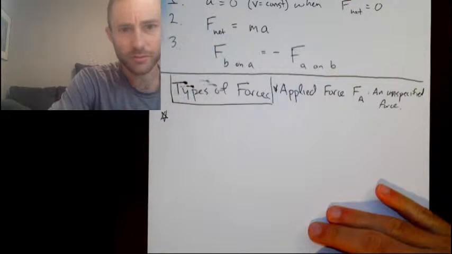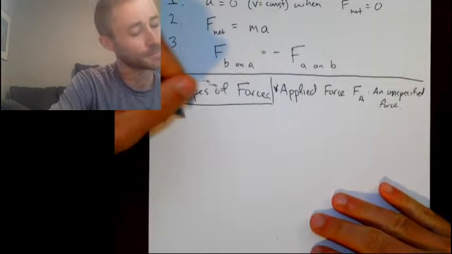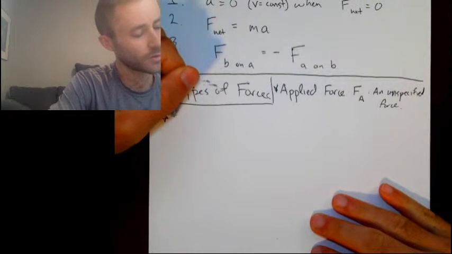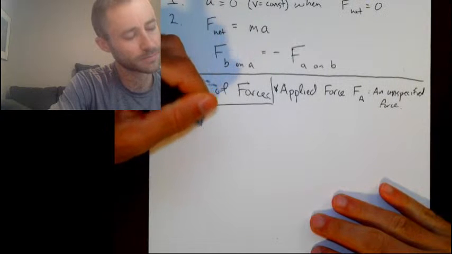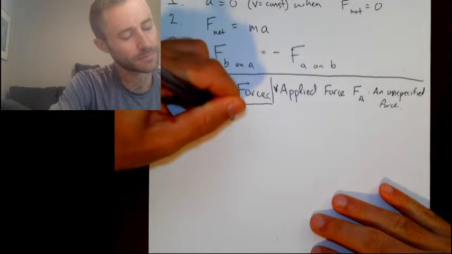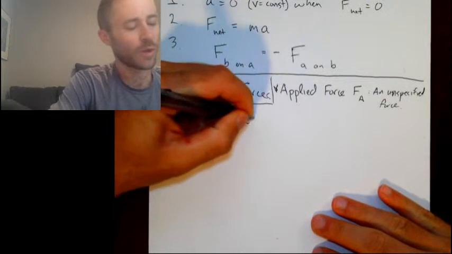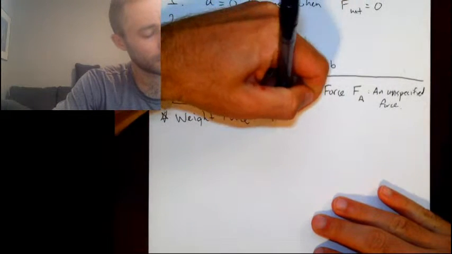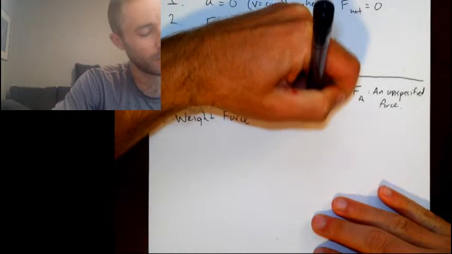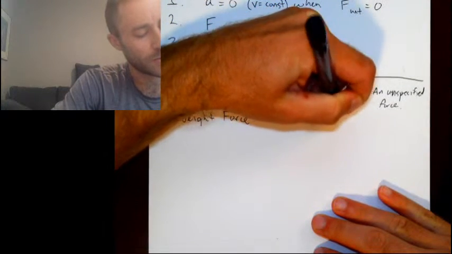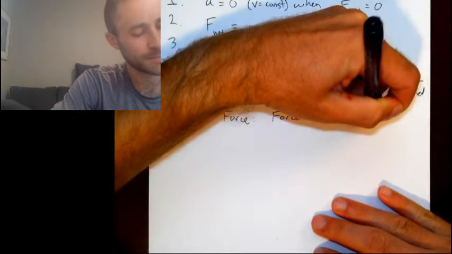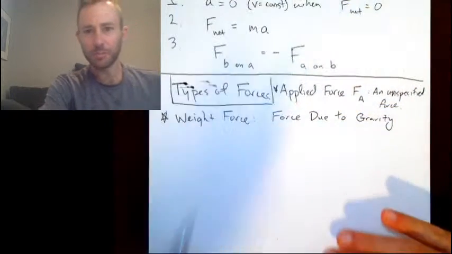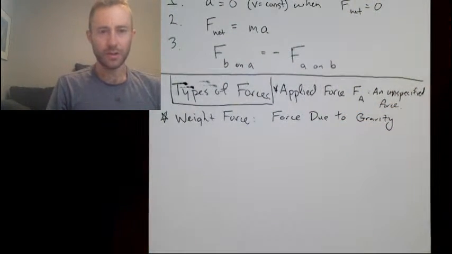The next force we will talk about is called the weight force. And the weight force is the force due to gravity. So gravity is pulling all of us downward.